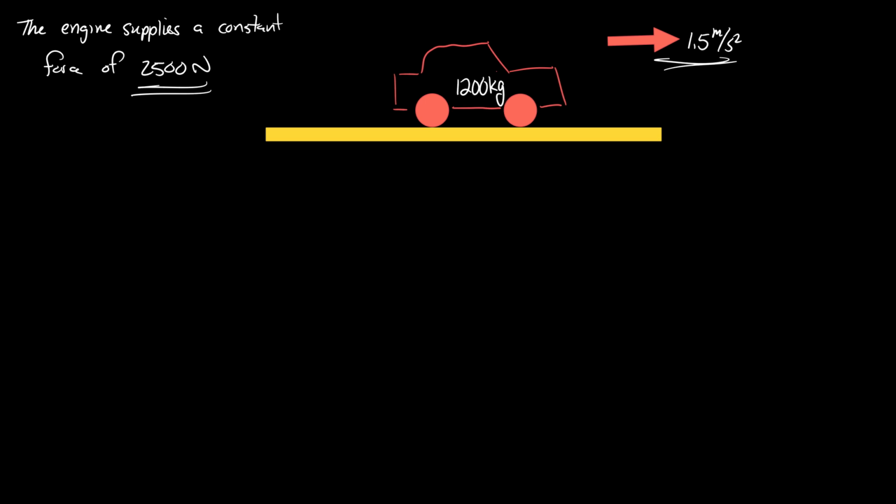So my car is traveling to the right. Thus, in the original picture, there's little lines there to indicate the car's direction of motion. It's accelerating at 1.5 meters per second squared. So the car is already moving to the right, and now it's accelerating at 1.5 meters per second squared. In order to do that, the engine has to supply a force of 2,500 newtons. I'd like you to find how much resistive force must be acting on the car.